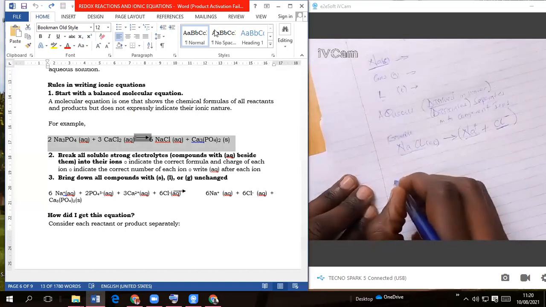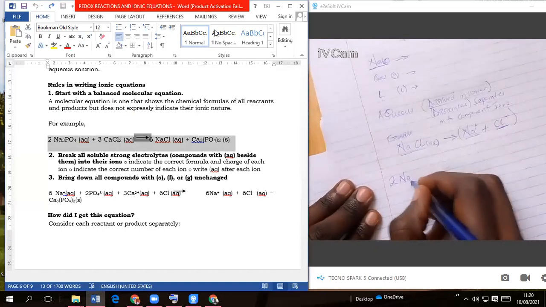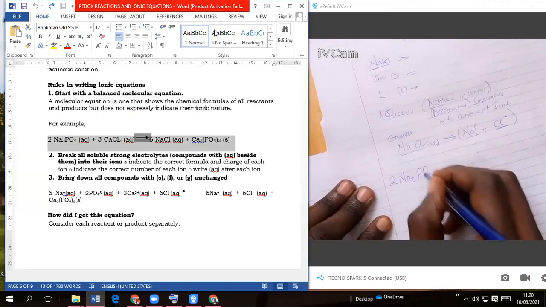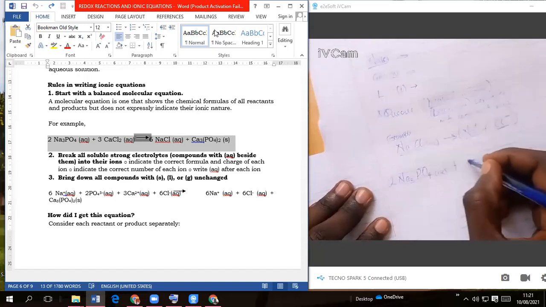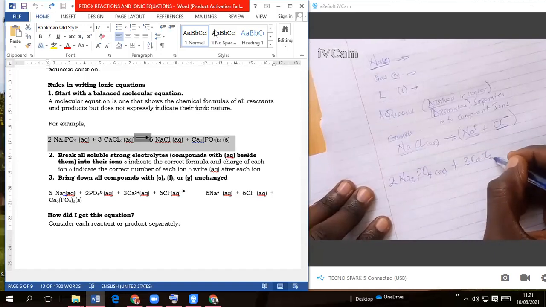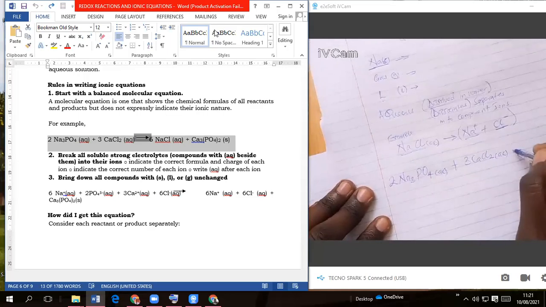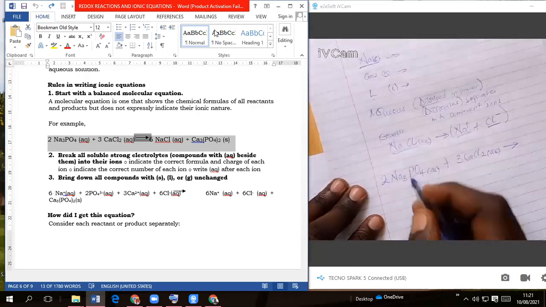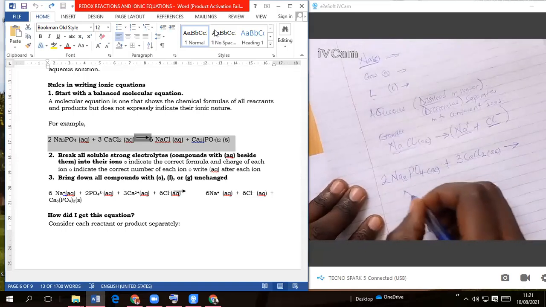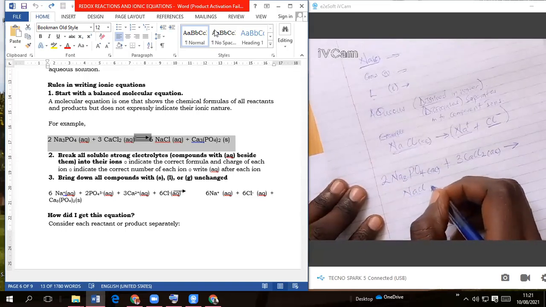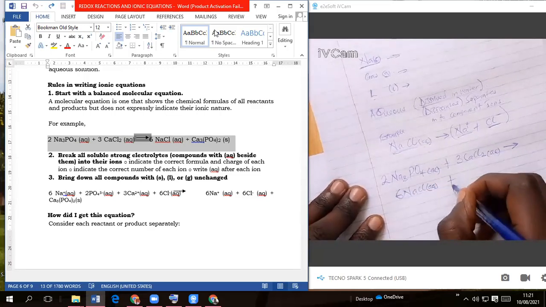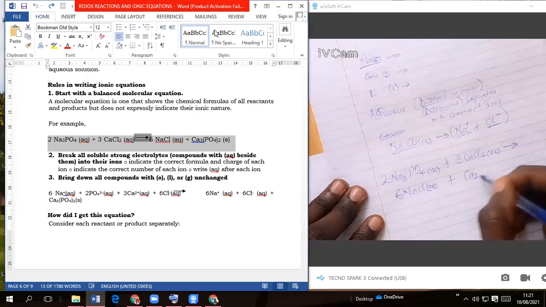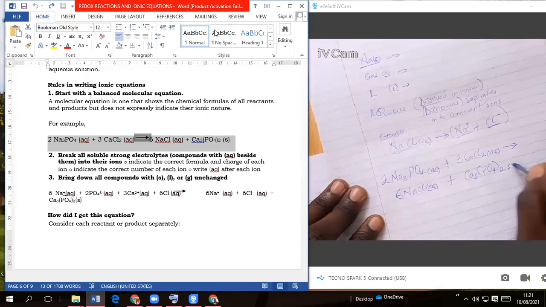We have 2 sodium 3 PO4, aqueous, plus 3 calcium chloride, aqueous, will form what we know as sodium chloride, aqueous, 6, plus calcium 3 phosphate 2, and this one is a solid.